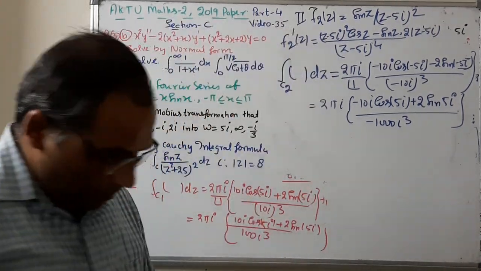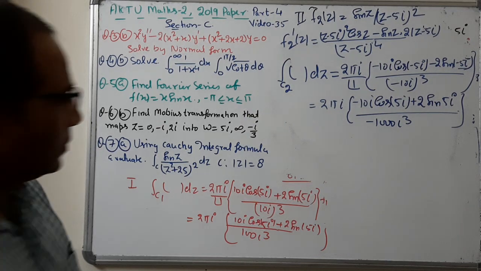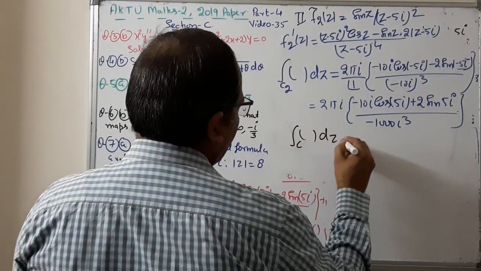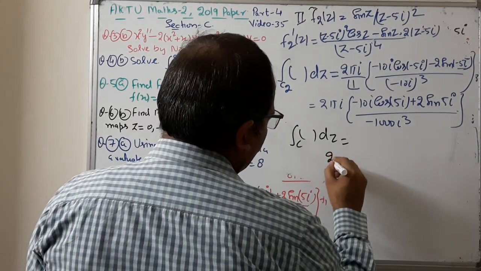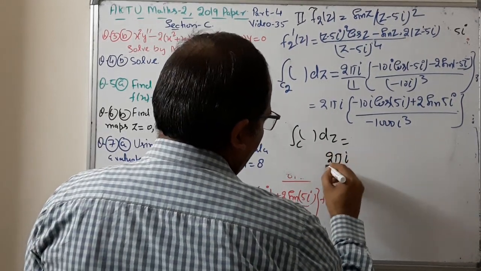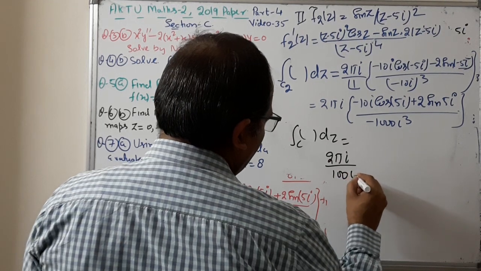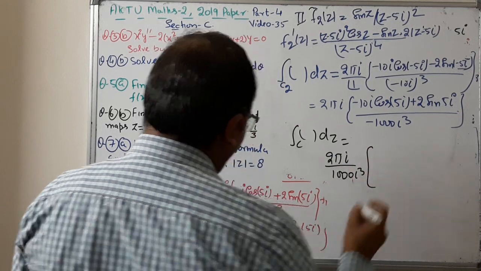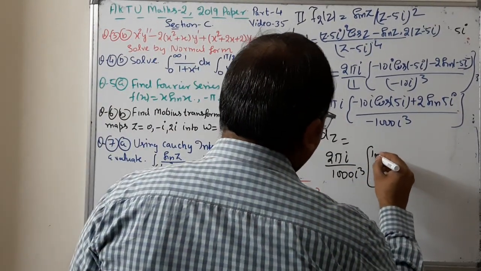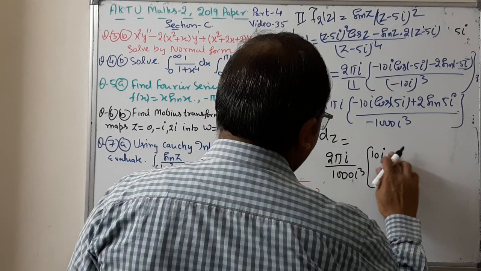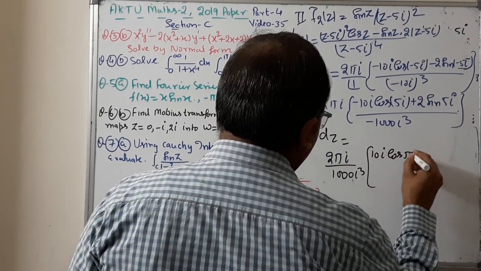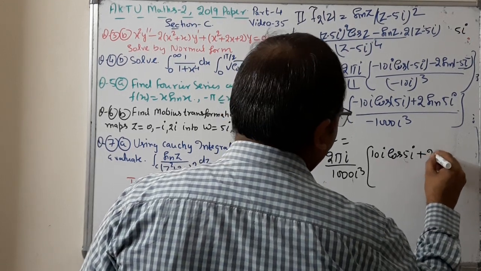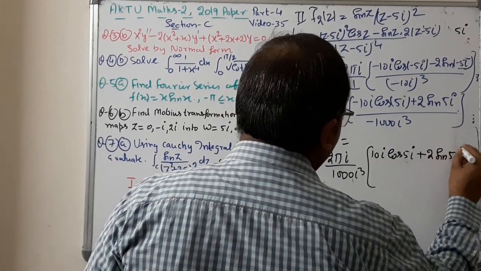So what is the integration over C? The integration of f(z) dz is equal to, taking 2 pi i as common, and upon 1000 i cube. Taking this all common, from the first one we get 10i cos 5i plus 2 sin 5i.